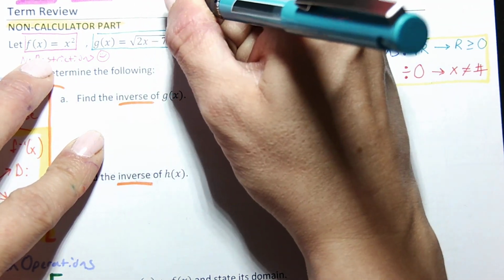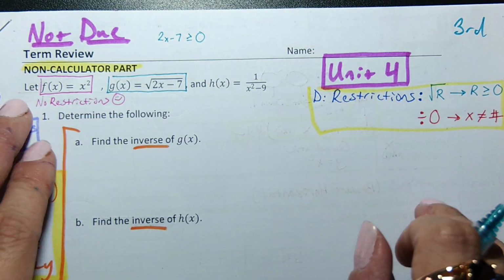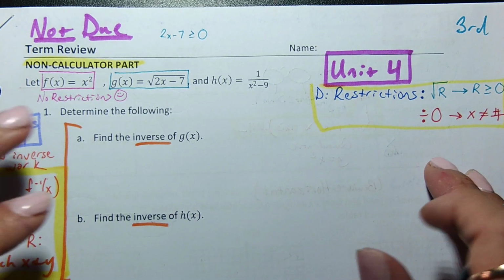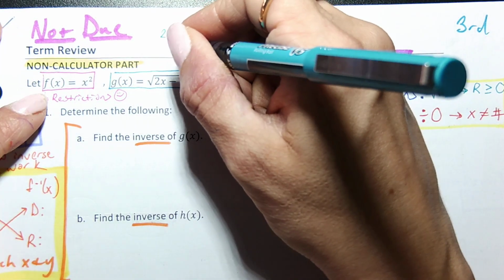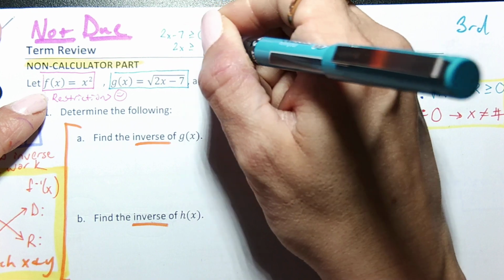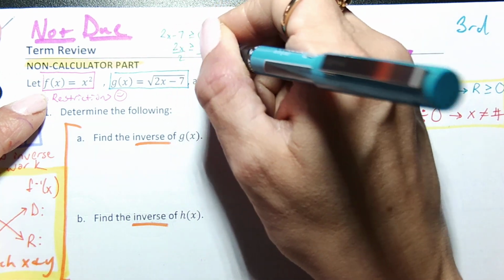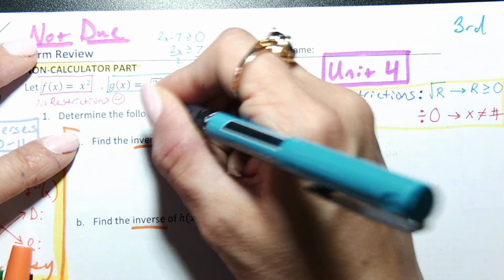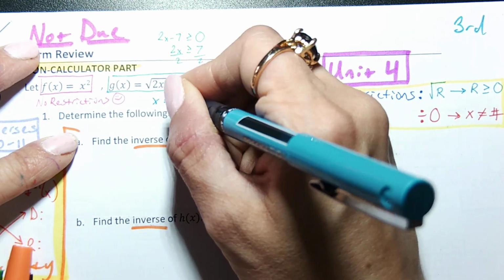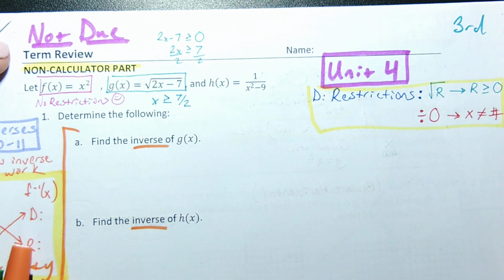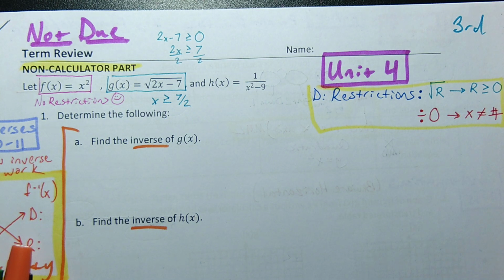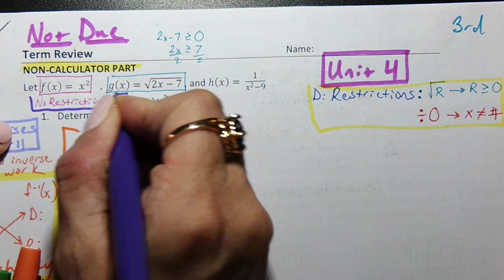We're going to say, hey, that needs to be greater than or equal to 0 to keep my stuff positive. So 2x greater than or equal to 7. So we divide by 2. So x is greater than or equal to 7/2. So restriction.